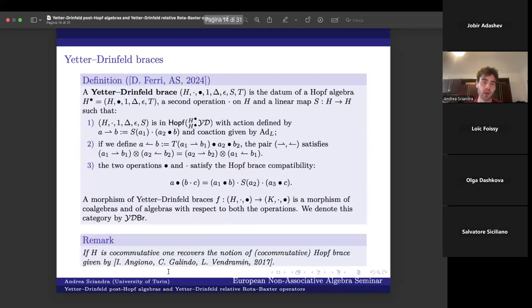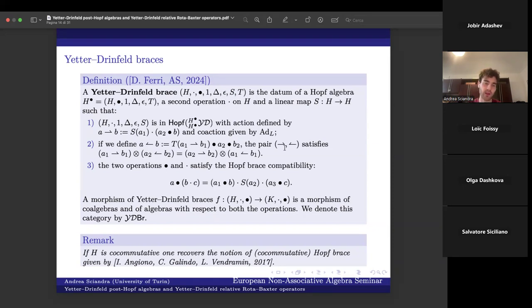So, first of all, in a paper with Ferri, we introduced the notion of Drinfeld brace, which is the datum of a Hopf algebra H with bullet product, a second operation dot on H, and a second linear map S from H to H, such that, in fact, H with this dot, the same unit 1, the same coproduct and the same counit, delta and epsilon, and this S is a Hopf algebra in the category of Drinfeld modules over H bullet, with action defined in this way here, and coaction given again by the adjoint coaction.